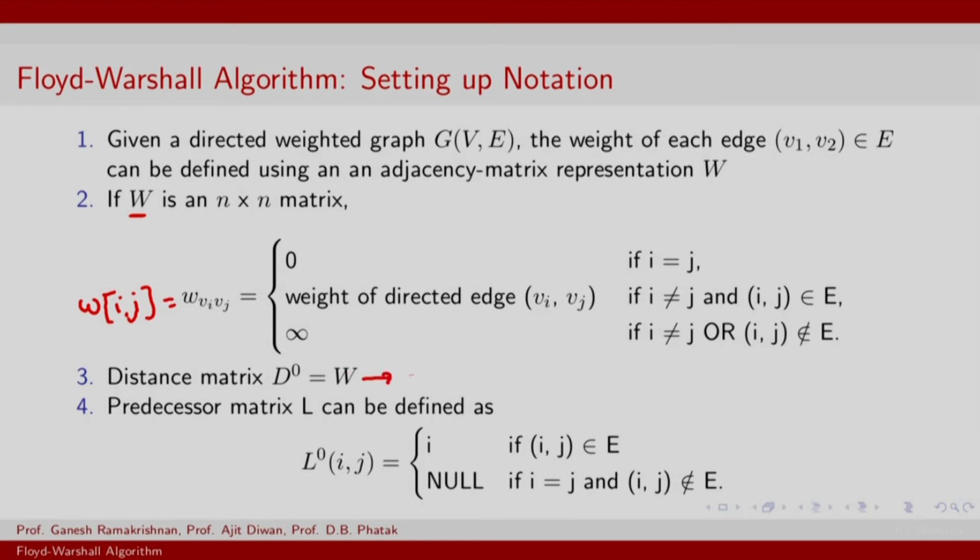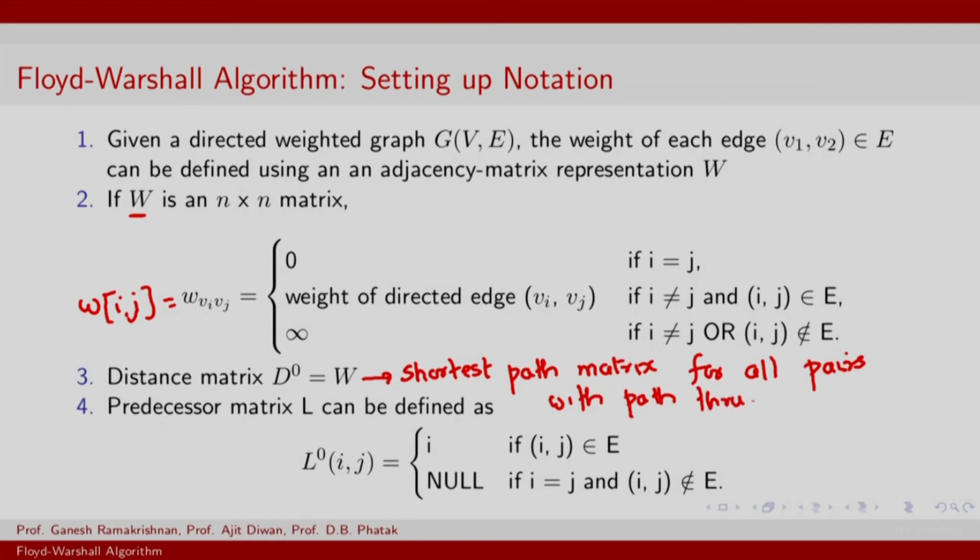D0 is nothing but the shortest path matrix for all pairs with path through, so recall we talked about nodes 1, 2 to k minus 1, but here we have k less than 1. So this is basically path through the empty set.